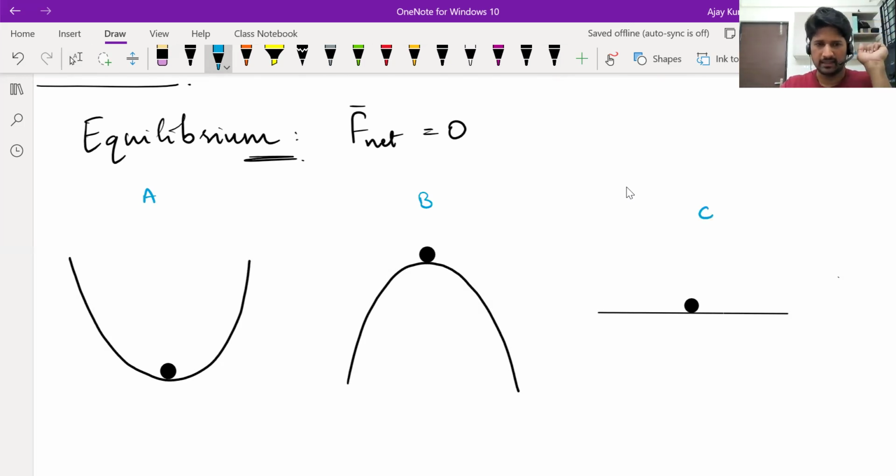The ball in case A, is it in equilibrium or not? We placed it there and left it. Will it be in equilibrium or not? Yes, sir. Okay. What forces act on it? Or are there no forces at all?